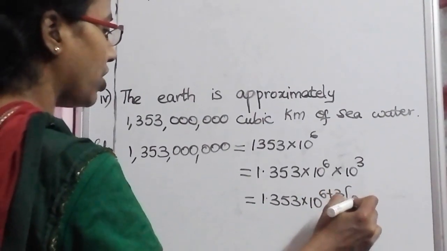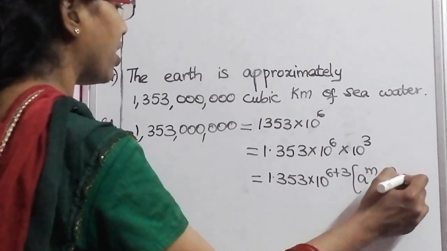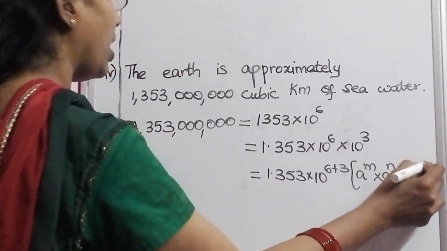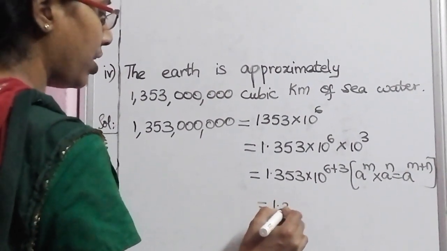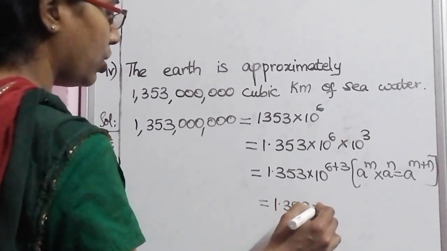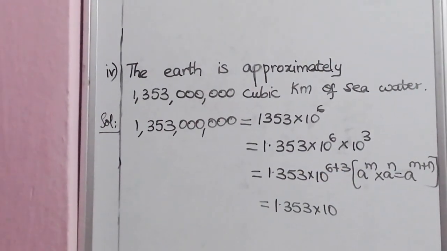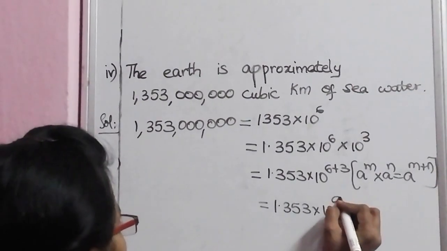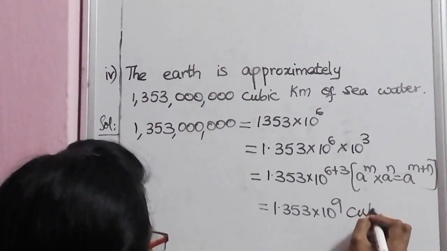What is the formula that we are using here? A to the power m into a to the power n is equal to a to the power m plus n. So this is equal to 1.353 into 10 to the power 6 plus 3, which is 9. So you got these many cubic kilometers.